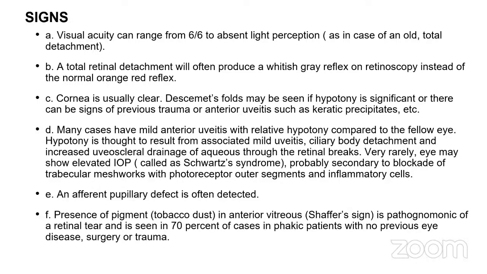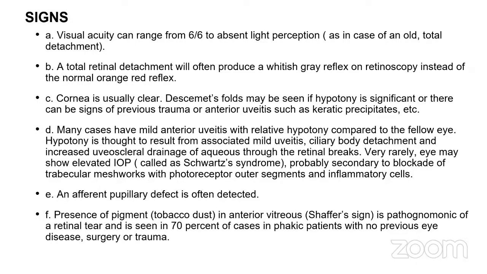The hypotony is because it is associated with mild uveitis, ciliary body detachment, as well as increased uveoscleral drainage of aqueous through the retinal breaks. And in a detached retina, RPE function is increased so that it will try to pump out the excess fluid present in the subretinal space. So that may also cause hypotony.